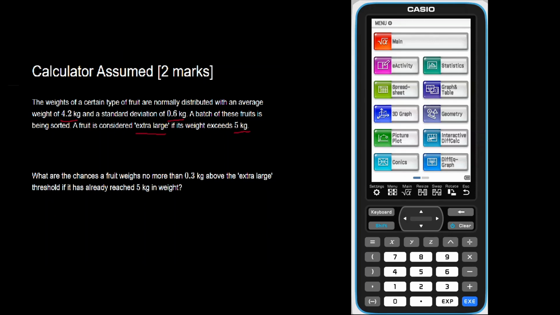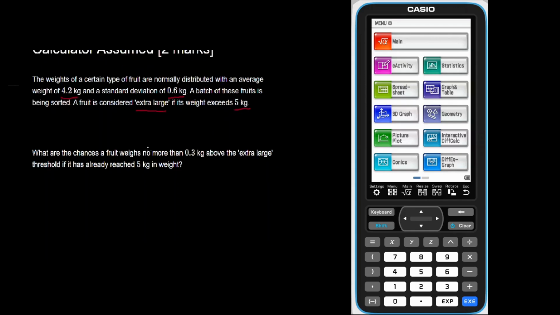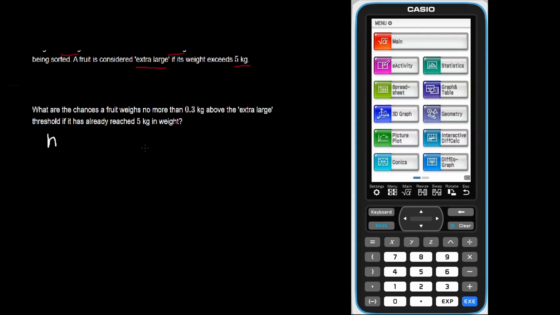So first of all, we've got to understand what distribution this is. And importantly, this is a normal distribution, okay? So it's a norm dist. And what we can say is that our mean is equal to 4.2, and our standard deviation is equal to 0.6.